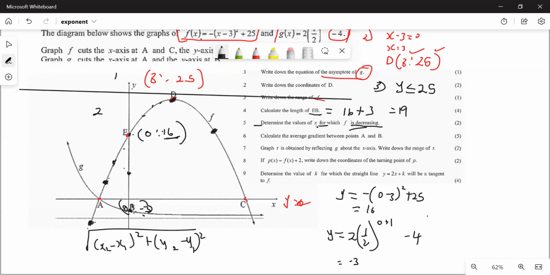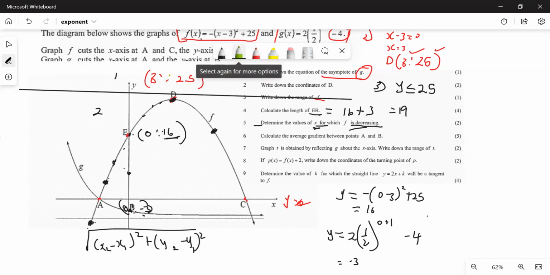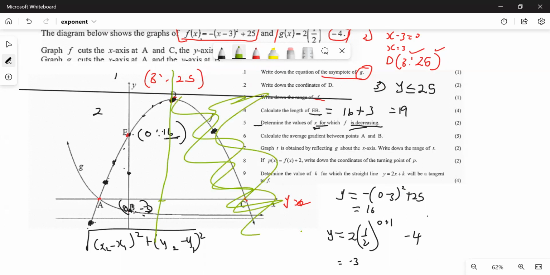But they want to know what are the x values that make that possible. x is a vertical line. So the graph is decreasing here, and the graph is decreasing here. Now we want to know which one is x here. x is 3 here. And then we have 1, we have 2. In this graph we don't have a graph that is decreasing at 1.